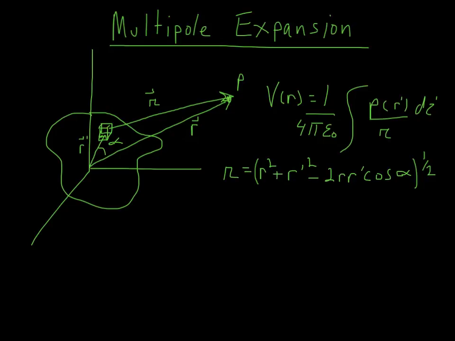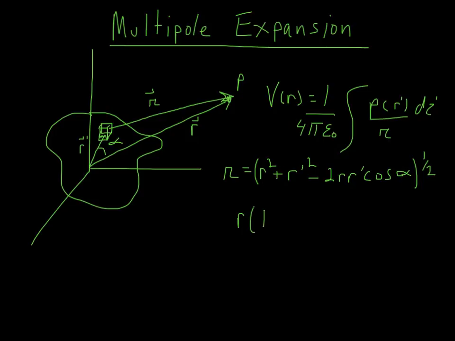Let's write the magnitude r script in a slightly different way. So r script is equal to, I'm going to pull out an r. That's like taking an r squared out from inside the parentheses here.